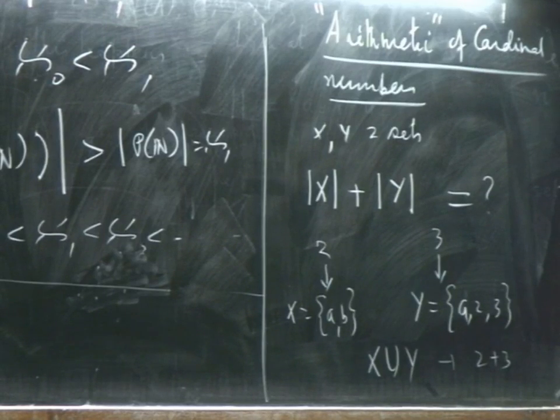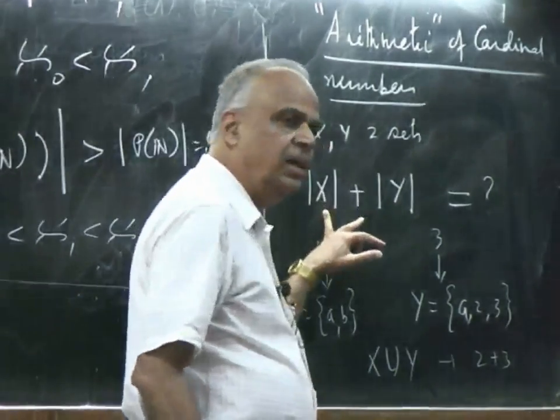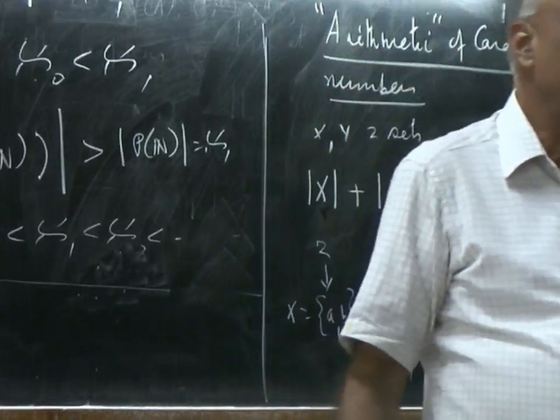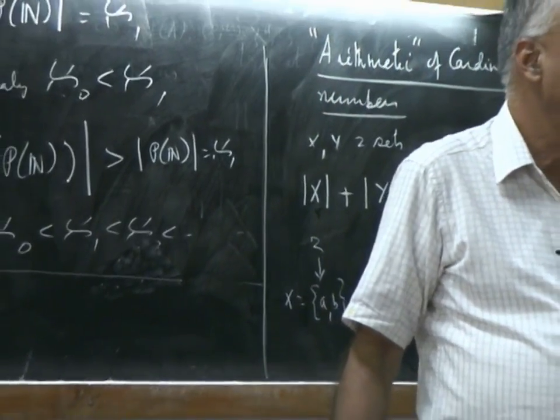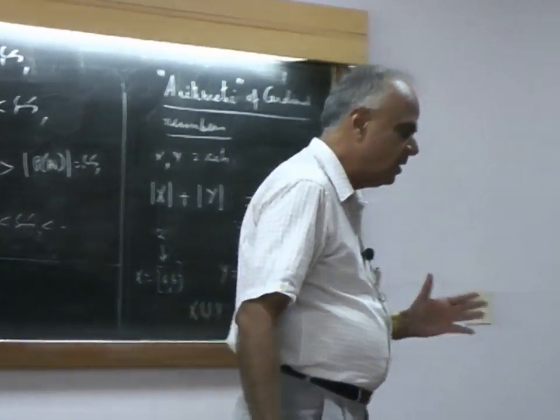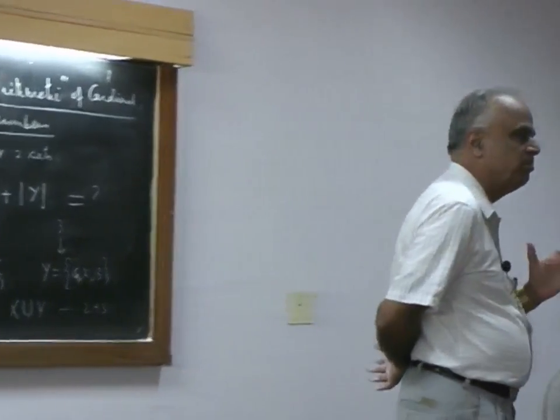Now we use the same thing. If x is a realization of a cardinality and y is a realization of a cardinality and x and y are disjoint, then x union y is the realization of the cardinality x plus y. Is that clear? Is there something funny there?